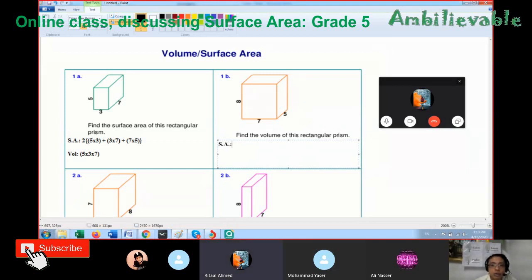We use 2 because we have two sets of length, two sets of width, and two sets of height. Again, put a bracket, multiply 8 times 7.